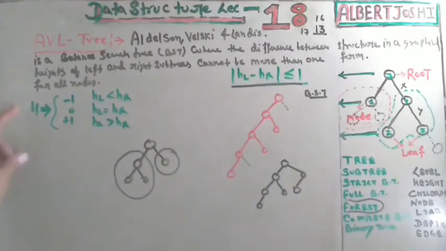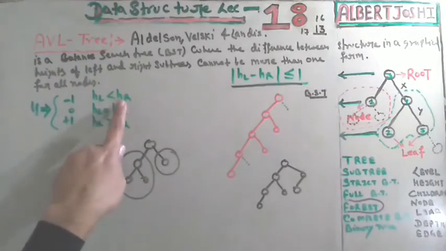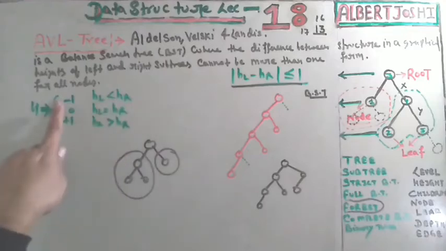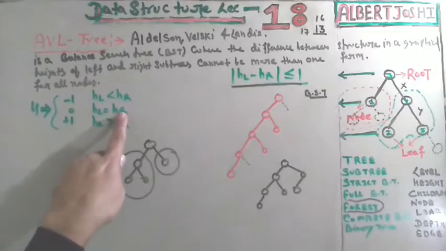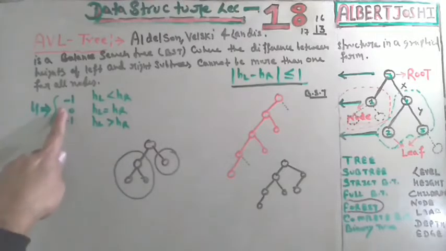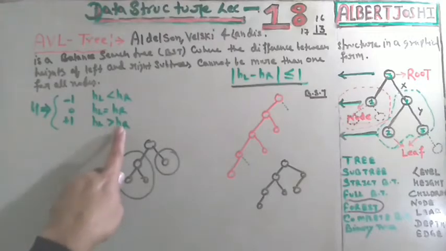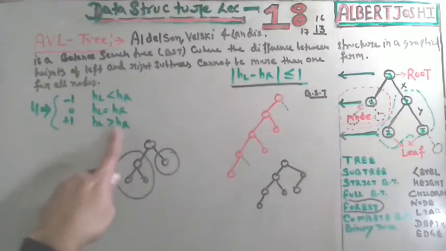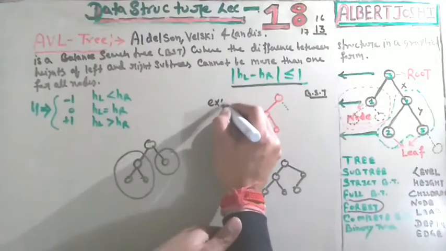If the height of the left subtree is less than the height of the right subtree, in this condition you write -1 for the node. If the height of the left subtree is equal to the height of the right subtree, you write 0 for the node. If the height of the left subtree is greater than the height of the right subtree, you write +1 for such a node. We will explain this with the help of an example.